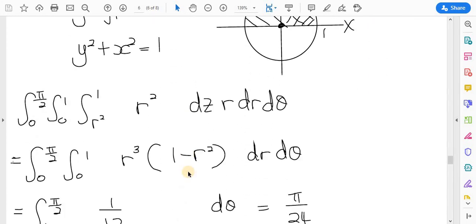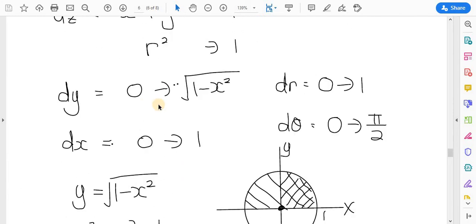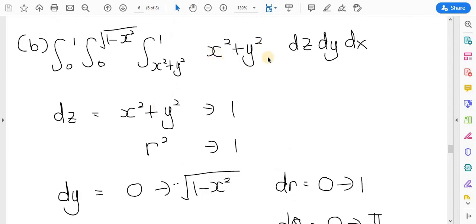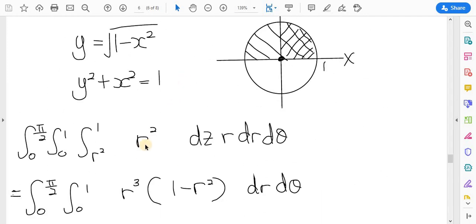Again, we put it into our triple integral. Here, the inner part is x squared plus y squared, so we have to convert it to r squared also. So this is r squared, this is also r squared. We put here dz, the interval for your z, the interval for your r, and the interval for your theta.